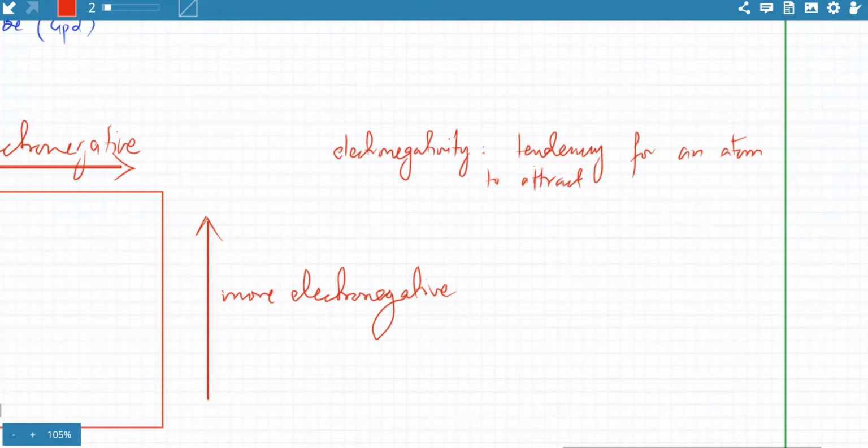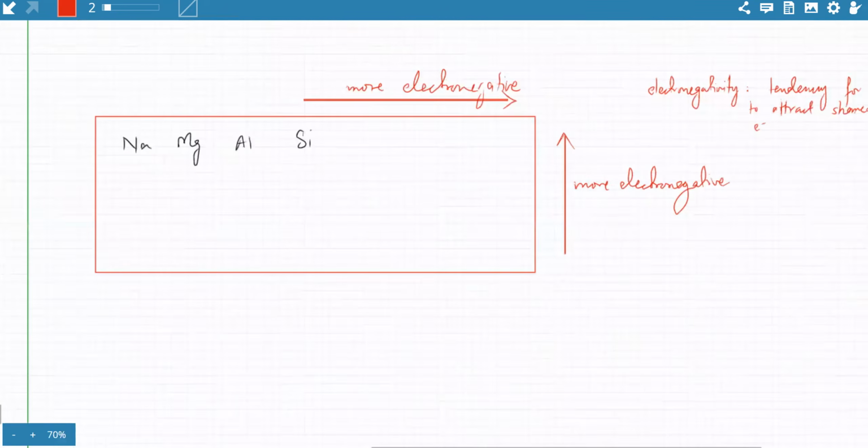So it's a tendency for an atom to attract shared pair of electrons. ठीक है, और उसकी reason भी पढ़ ली थी.